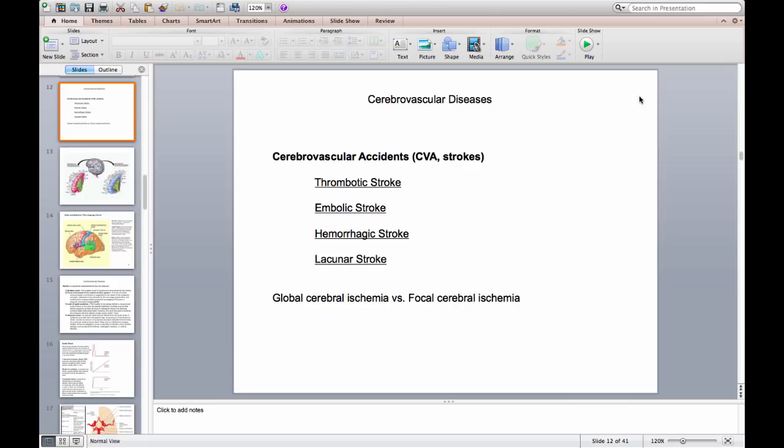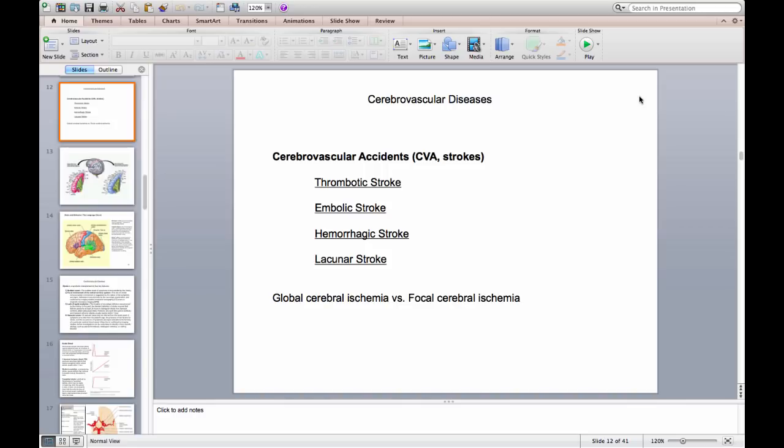And what's the most common place for those clots to form? On the left side of the heart, right? As a result of atrial fibrillation or some valve problem or something like that. And then lacunar strokes are a type of thrombotic stroke that affects smaller vessels located more deeply within the brain, okay?